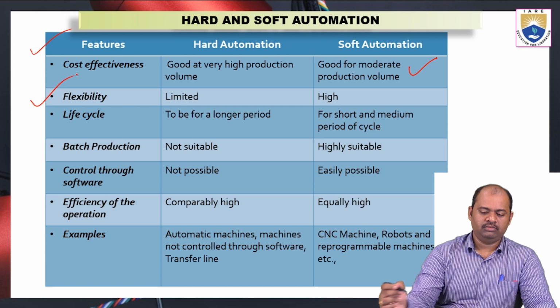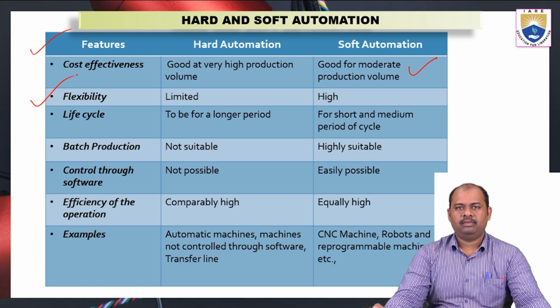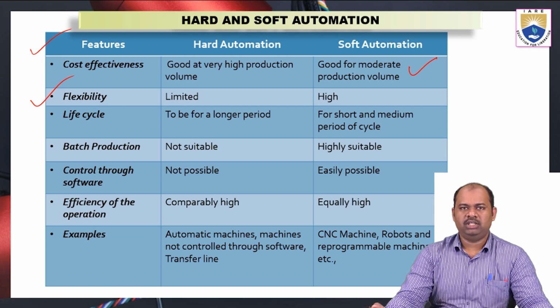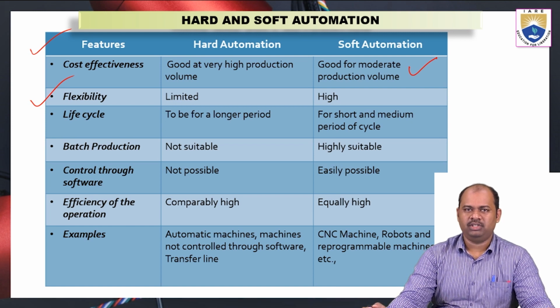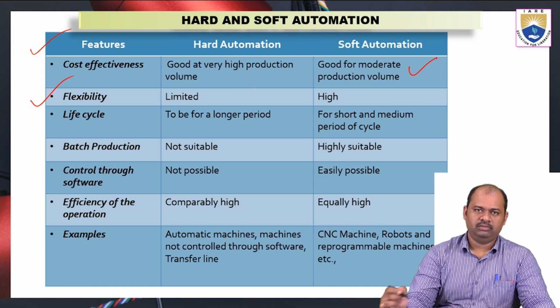And then flexibility. When we are using a machine for automation, which comes under hard automation, it is not so flexible, because we can do limited operations in that machine.